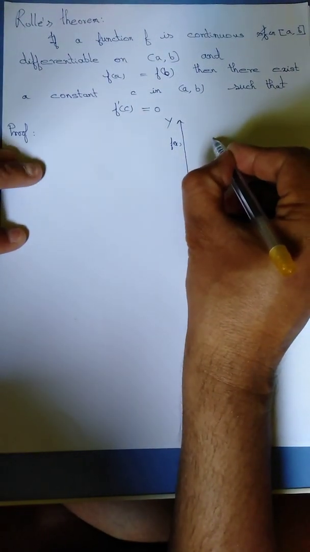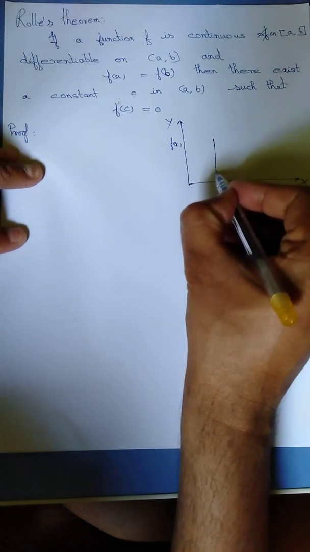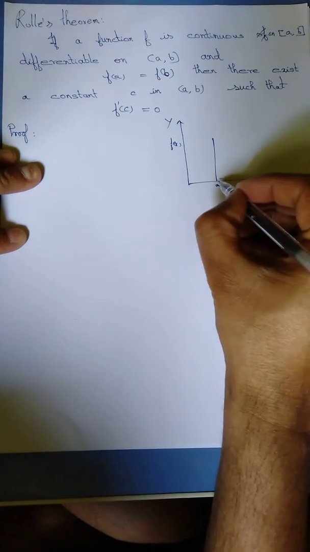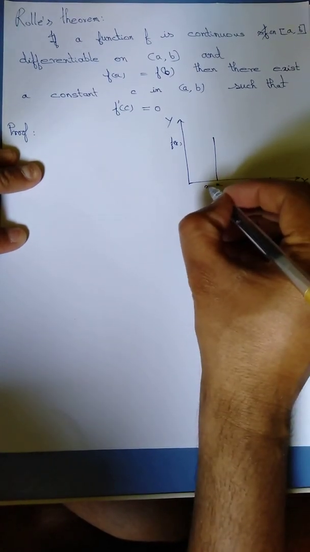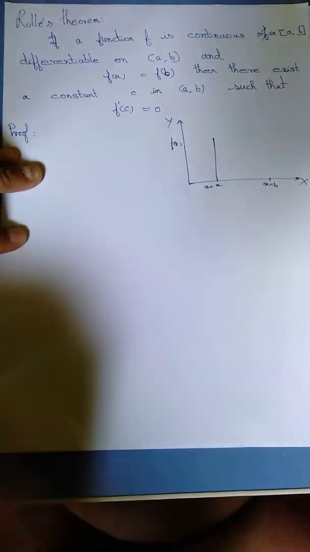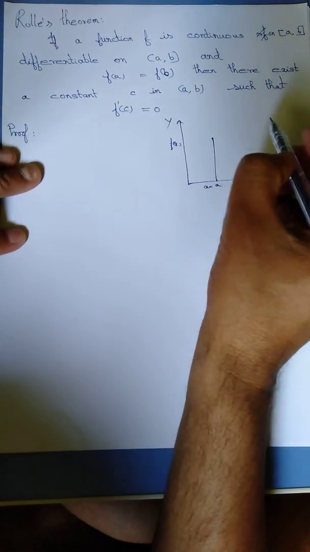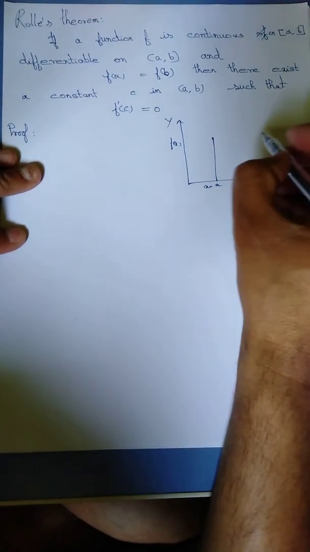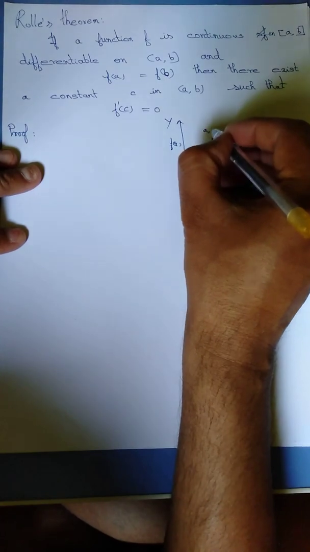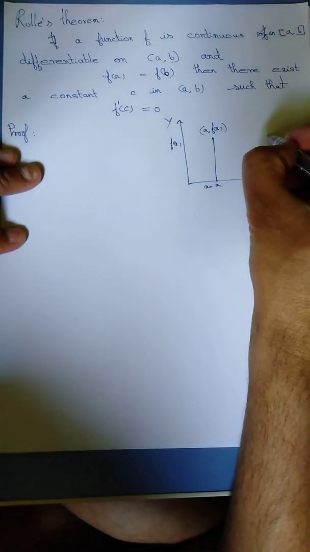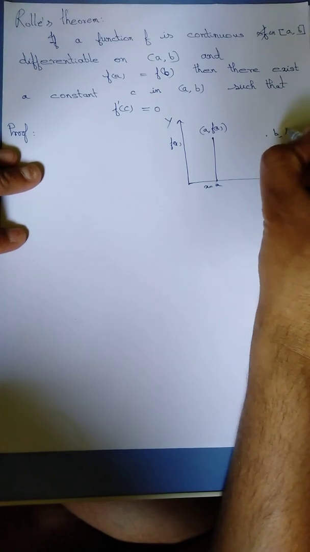Now somewhere here, consider the point x equal to a, consider the point x equal to b, then let this point be a comma f(a) and let this point be b comma f(b).